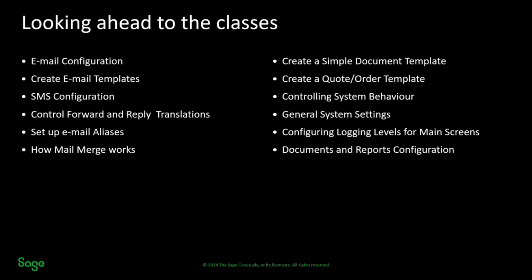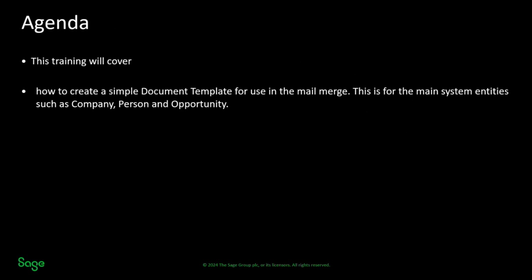So what I want to look at in today's session is the knowledge to create a document template for use around the merge within the main system entities such as company, person, and opportunity.